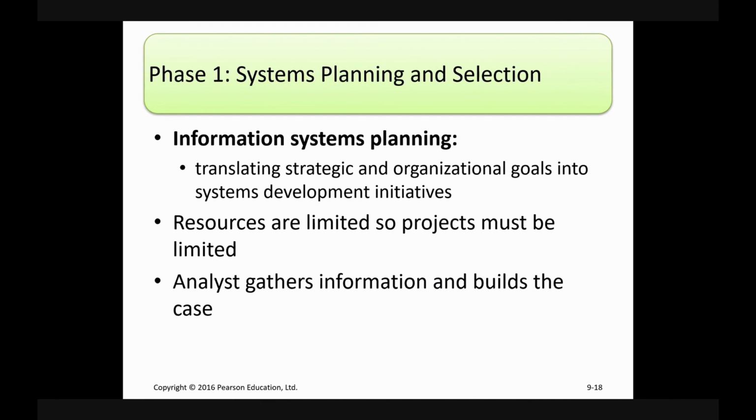Now the first step, again, we will discuss this in detail, is information system planning. It translates the strategic and organizational goals into system development initiatives. Resources are limited, so projects must be limited. The analyst gathers information and builds the case. So in general, system planning is like building your house, so you need a plan for this, right?